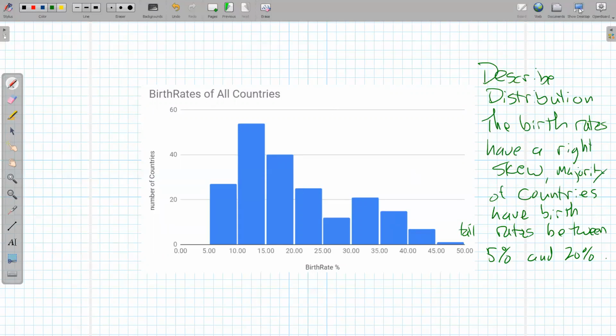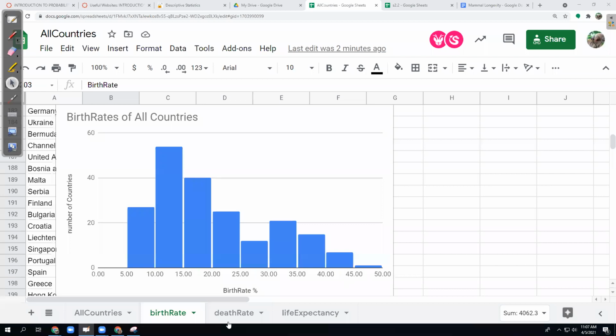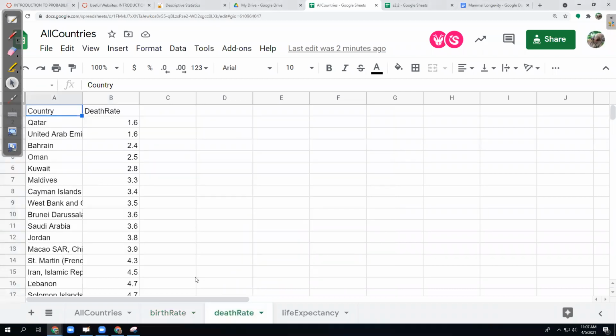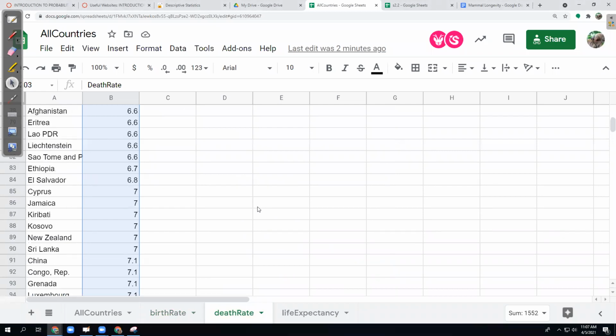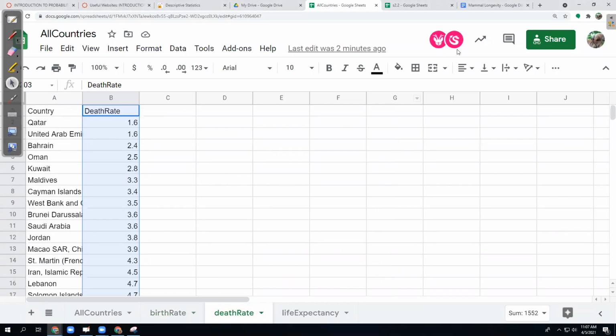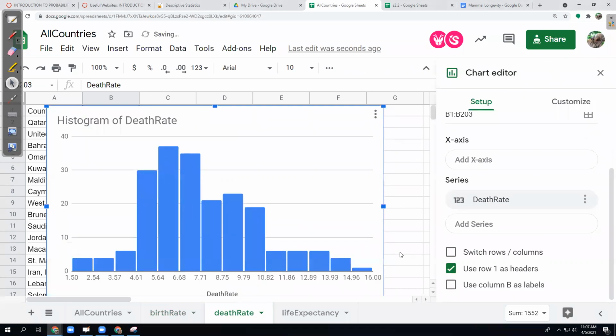Let's try another one. Death rate. So to get a histogram, I highlight all the death rates. Go up to the top, see if it puts the chart up there, and then insert your chart. Google might guess at a histogram, which it did, cool.